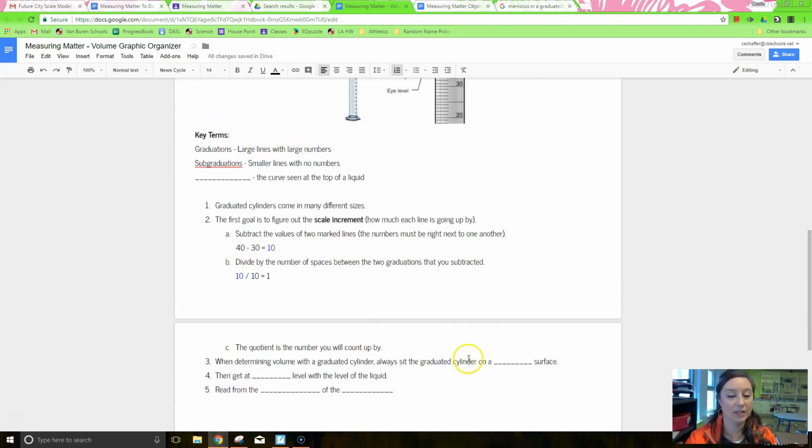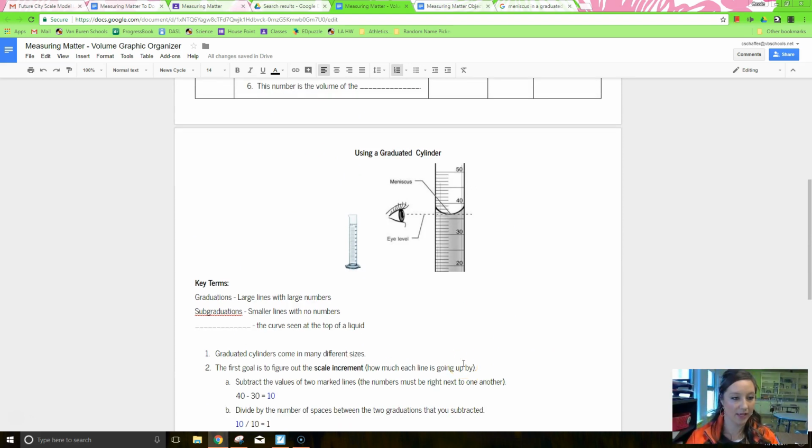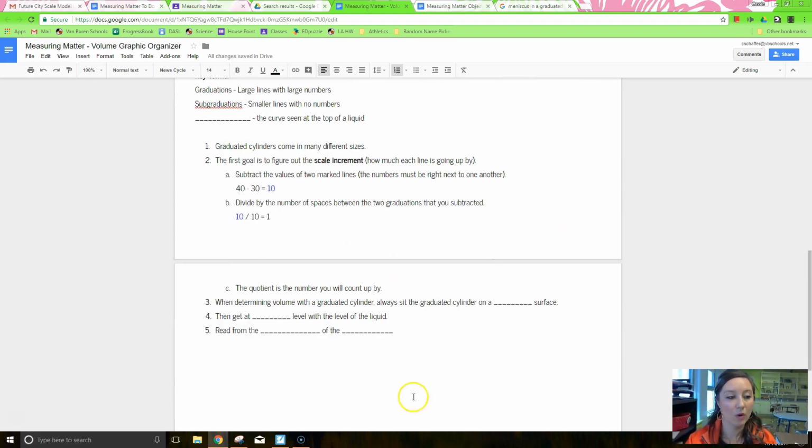So just a few other things when you're using a graduated cylinder, some helpful hints and tricks. You always want to make sure that your graduated cylinder is sitting on a flat surface. If you're holding it like this, you could be kind of moving it, and I have some liquid here so if I'm holding it like this, it could be tilted just a little bit.